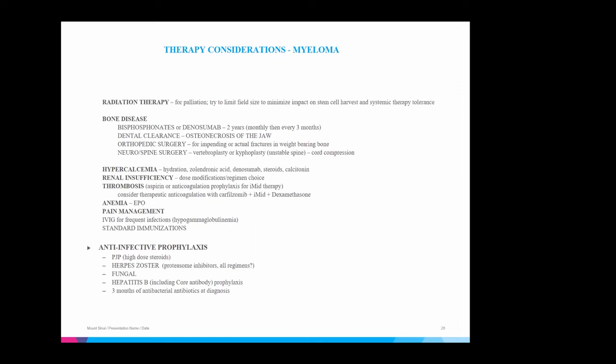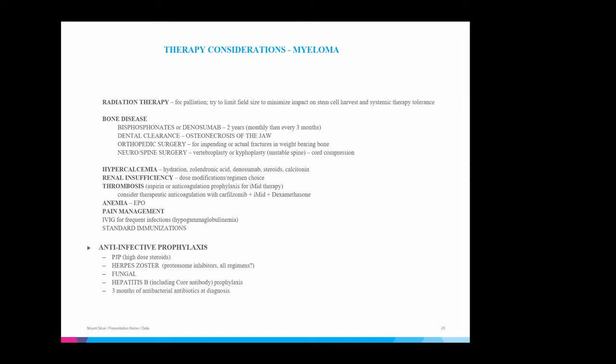Hypercalcemia is often seen at presentation, and patients are treated with hydration and zoledronic acid or denosumab, steroids, pretty typical hypercalcemia treatments with which you're all familiar, I'm sure. Renal insufficiency is a problem in a lot of the myeloma patients, and it may affect the regimen choice and may affect your dose modifications.